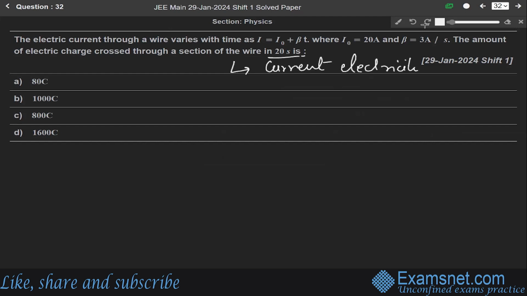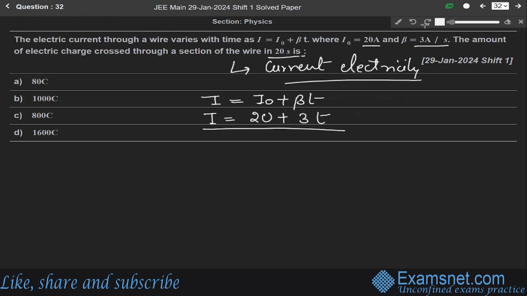Since we are given the current I equals I naught plus beta t, where I naught is 20 ampere and beta is 3 ampere per second, I will become 20 plus 3t. And we know that we have to find the electric charge.